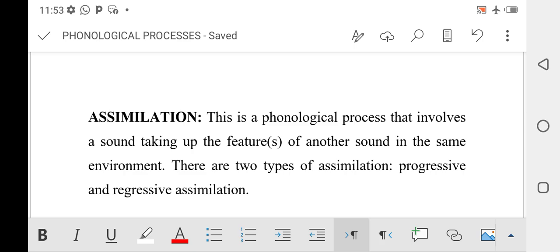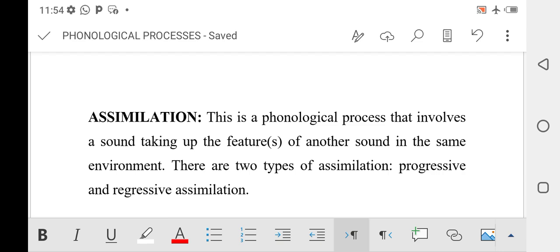So if it is a progressive assimilation, that means there is a particular phoneme that is looking at the phoneme that comes immediately after it, moving forward. But if it is regressive assimilation, we are looking at a particular phoneme and it is considering the phoneme that was behind it, the phoneme it came after.